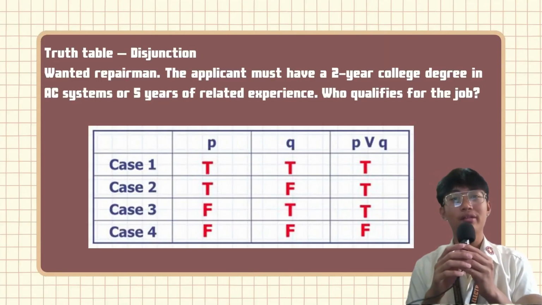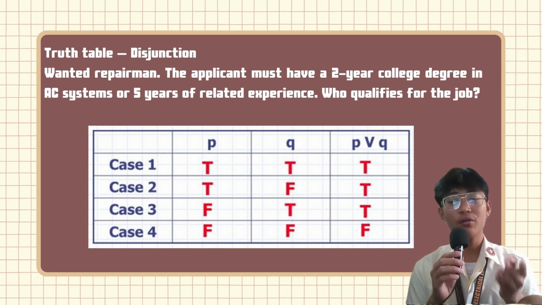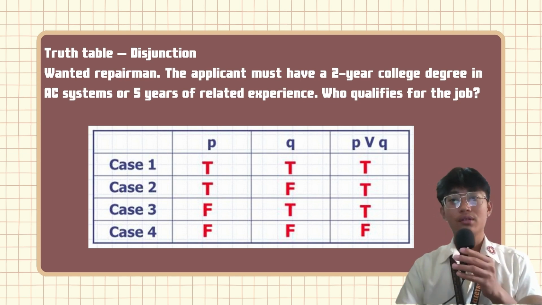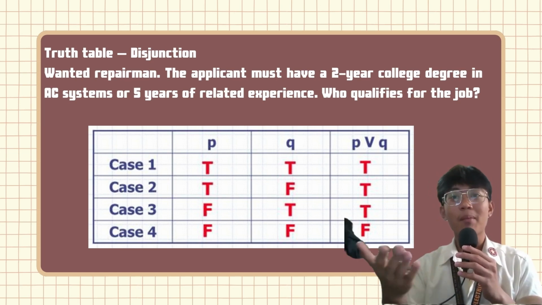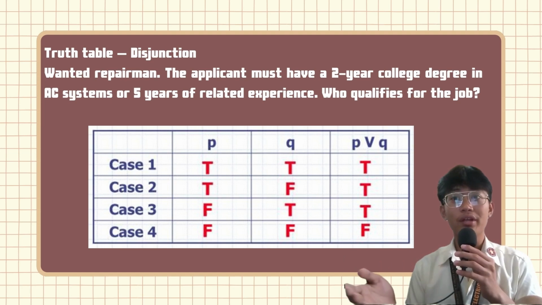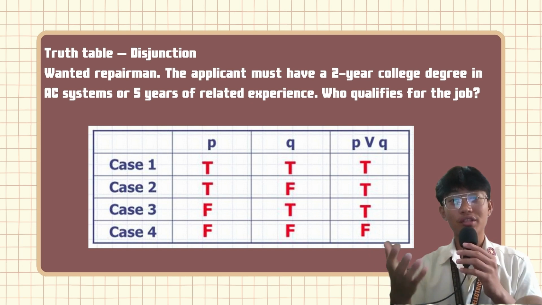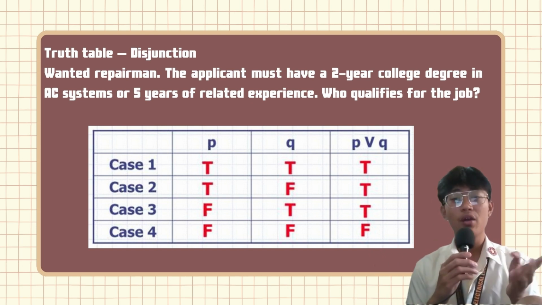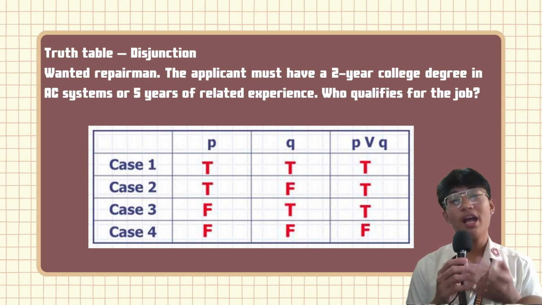So, sa truth table naman ng disjunction, pwede natin sabihin na P or Q is only true when either one of P and Q are true.